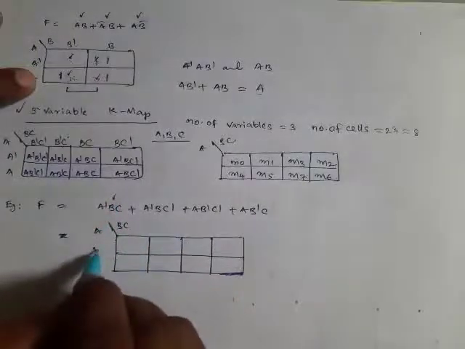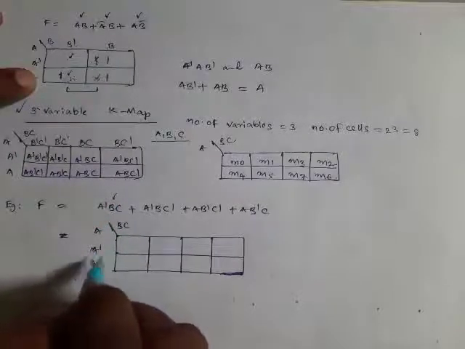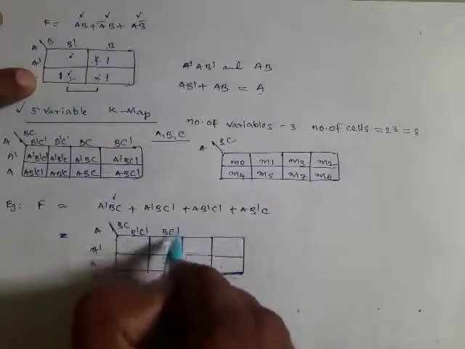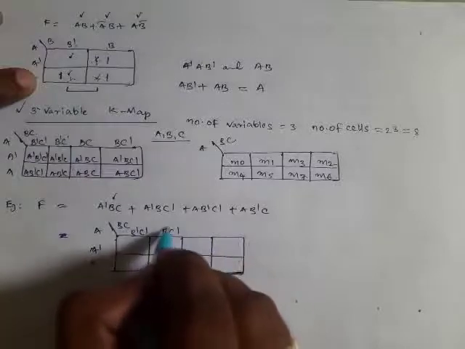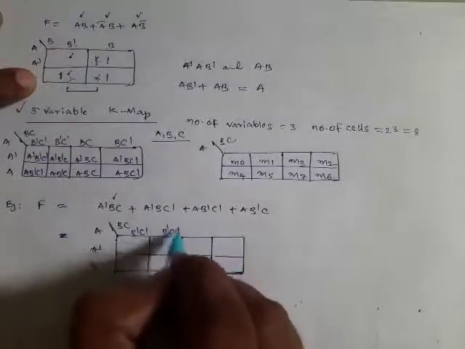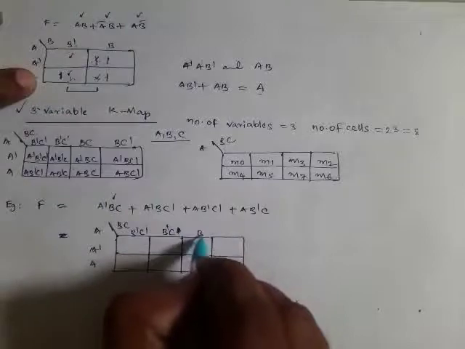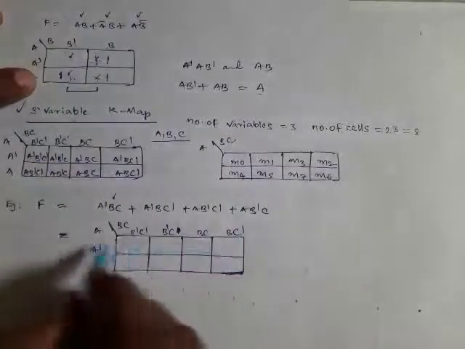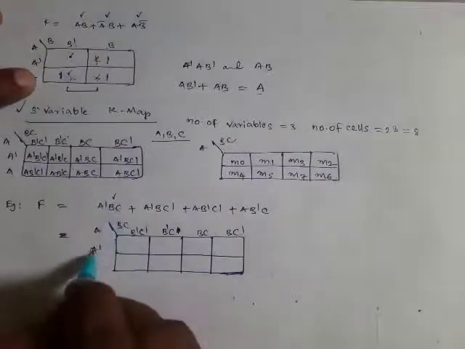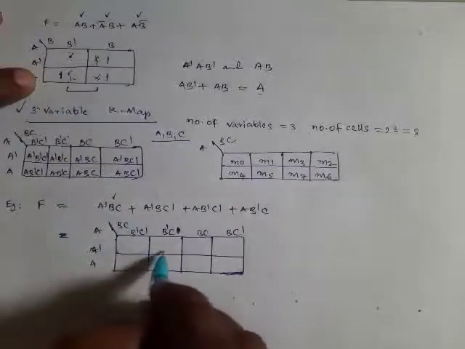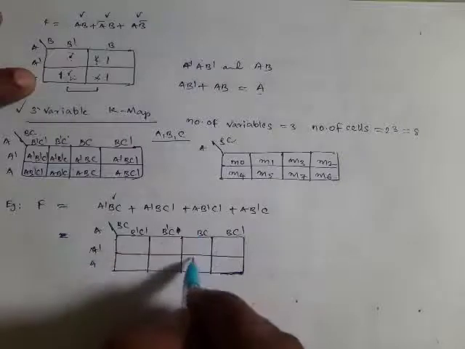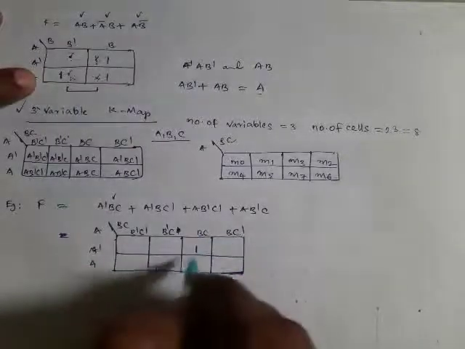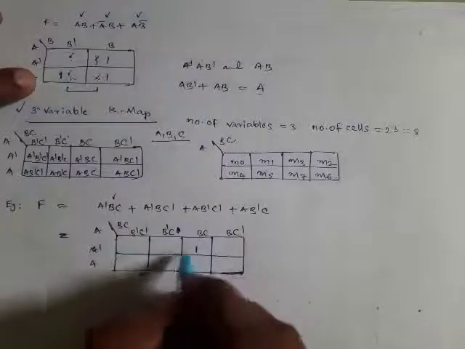So here this represents a bar, this is b bar c bar, b bar c, bc, and this is bc bar. So a bar b c, a bar corresponds to the first row, bc corresponds to the third column. So 1 must be entered into the cell corresponding to a bar b c.